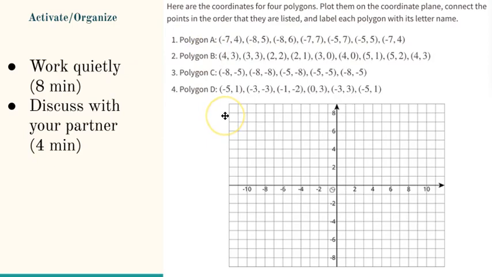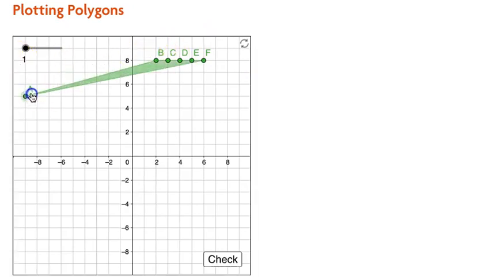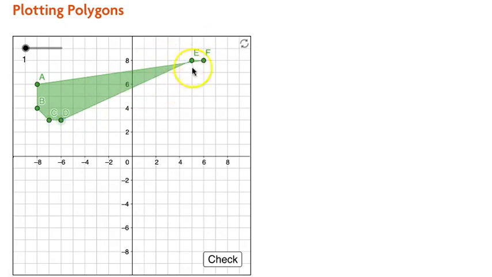Let's plot some polygons here. So I'm going to give you the interactive where you can go through and do each one of these. You'll need to get those points from the previous part. But all you do for the first one is grab and drag your points to where they go. Now, I'm not currently looking at what it's supposed to do, so I know that this is not accurate at all.